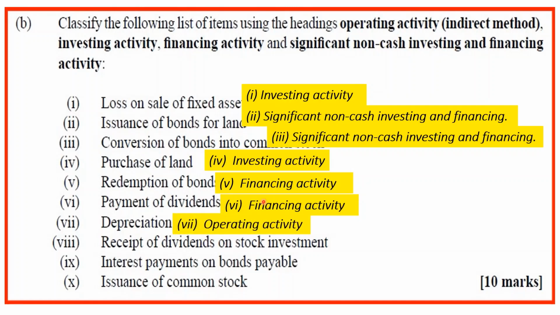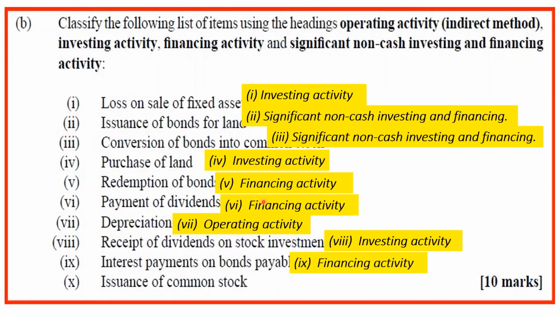Depreciation, operating activity. Receipt of dividends on stock investments, investing activity. Right, that could also be. Interest payments on bonds payable, financing activities, and issuance of common stock, another financing activity.